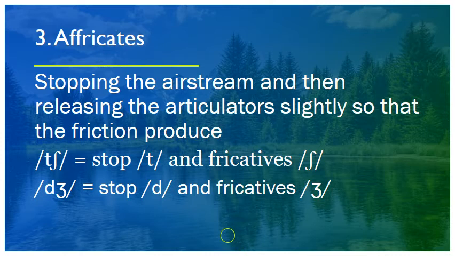So first you obstruct the air that comes from the larynx to build up pressure in the oral cavity, and then the airstream is slightly released by making a high friction from the articulator.